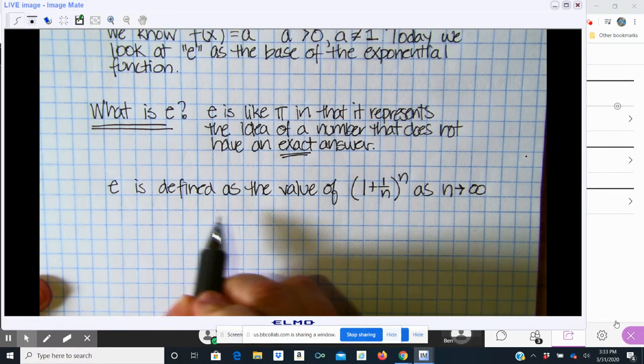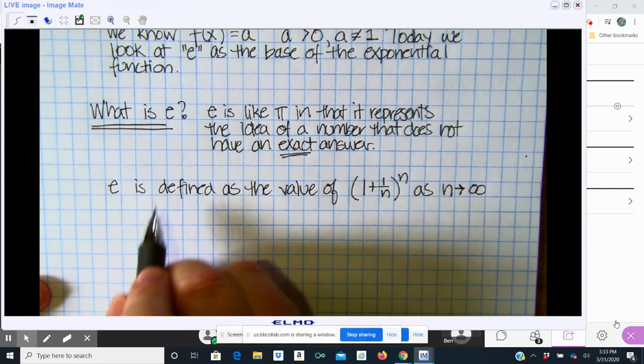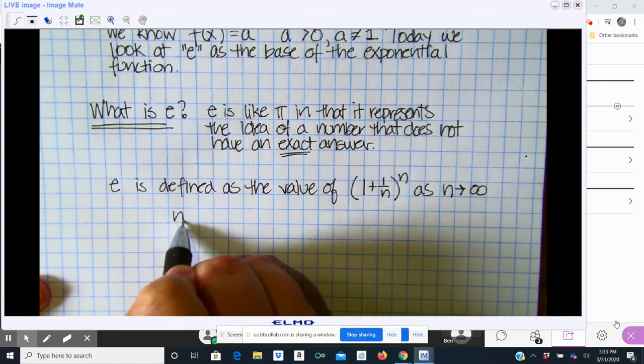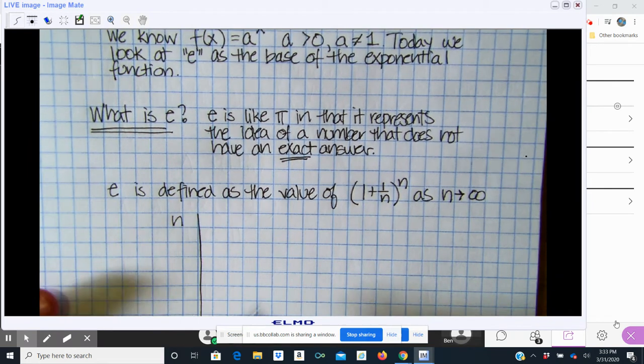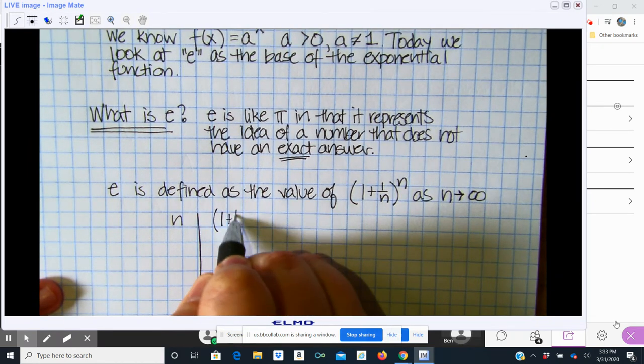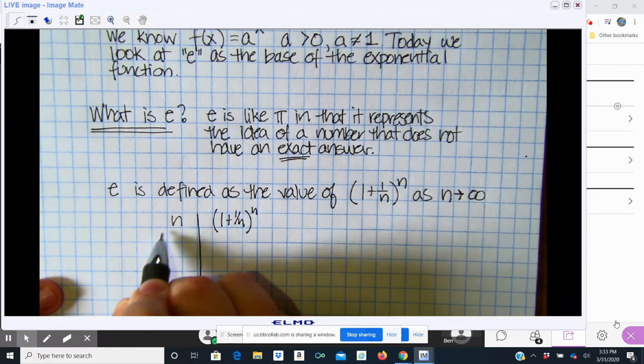So I'm going to set up an XY table. I'm going to set up an N. And then on the other side of the table, I'm going to have 1 plus 1 over n to the nth power.